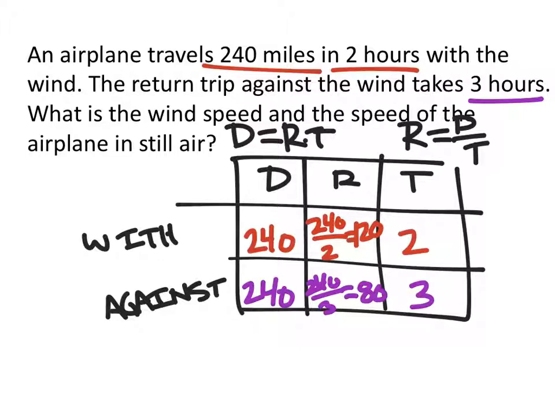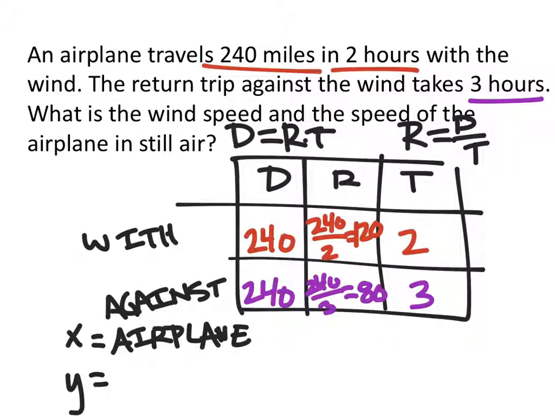But let's say that we didn't realize that right now, right? So I'm just writing the equations on this one. We do need to define the variables, right? I'm going to use x and y, even though you could use w and a, w for wind speed and a for airplane speed. It doesn't matter. But for me, x is going to be the airplane speed, and y is the wind speed.